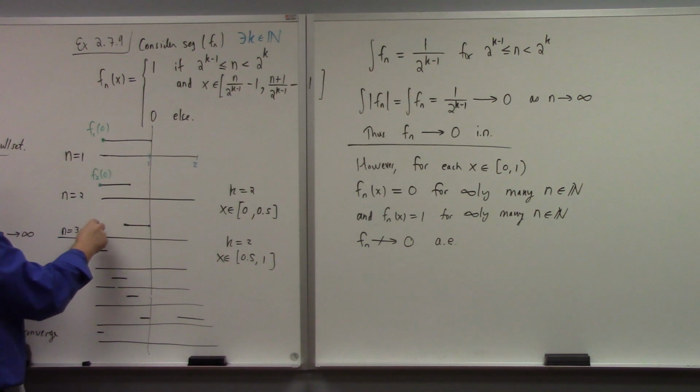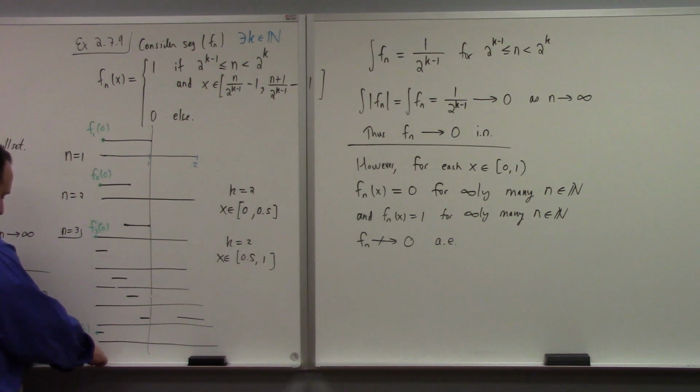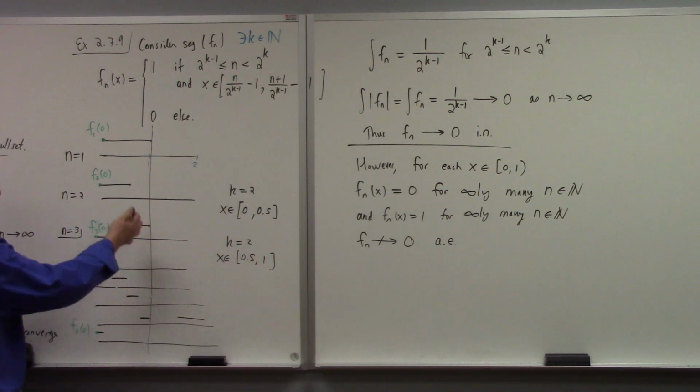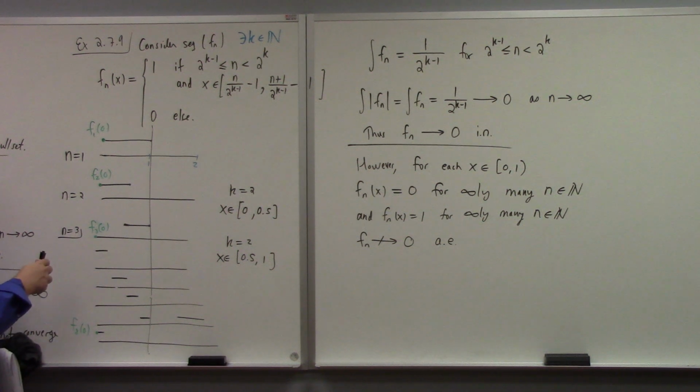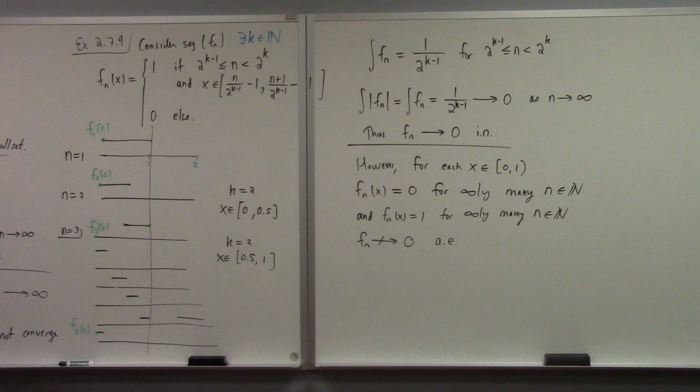Oh, okay. Here is f3 of 0. And I was just noticing the pattern: once you get back to the next step size, which would be down here, f8 of 0 is 1 again. And so, as you figured out the way the x domain parses for different n, anyway, that's a very, very interesting example.